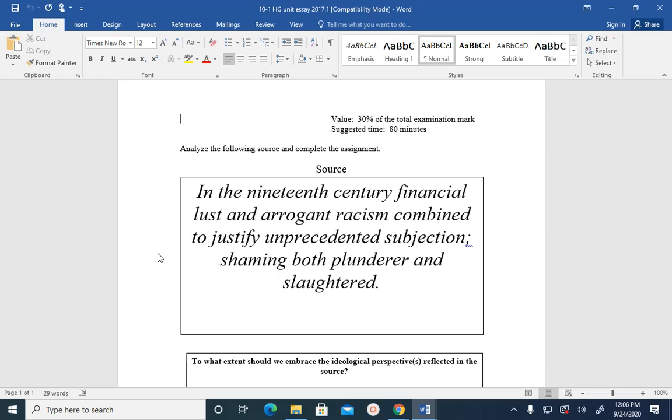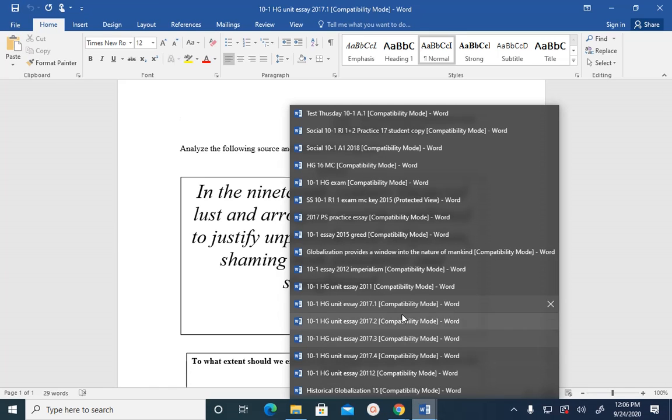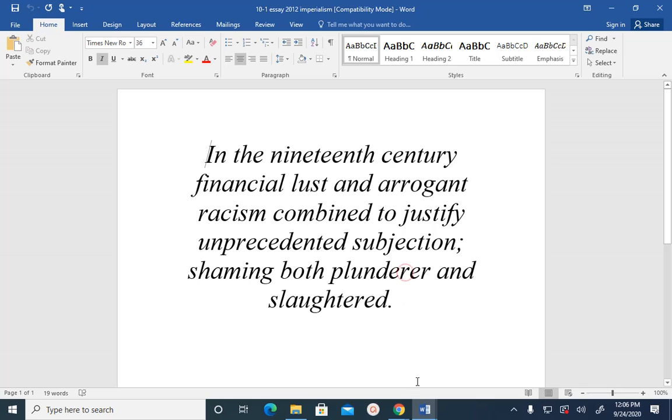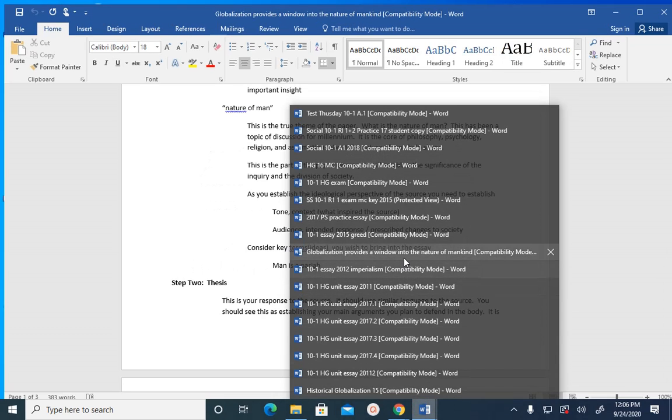It doesn't have to be just imperialism, because racism was definitely a component of slavery. Shaming both the plunderer and the slaughtered. So shame was brought to China, but it was shameful for the British to be doing what they did as well. So this could be an argument that you make in less than 2 weeks in class. Keeping in mind that that exemplar essay is 7 pages long.